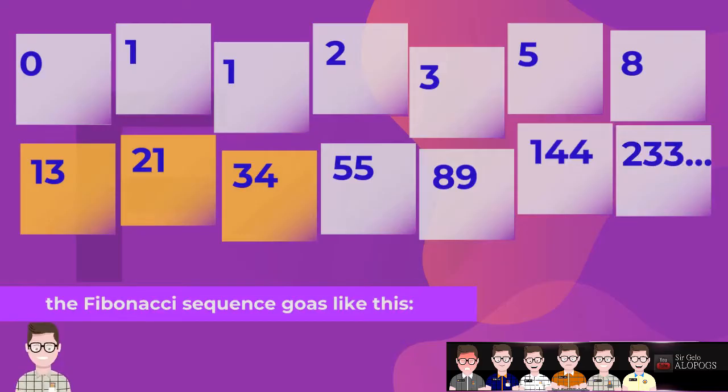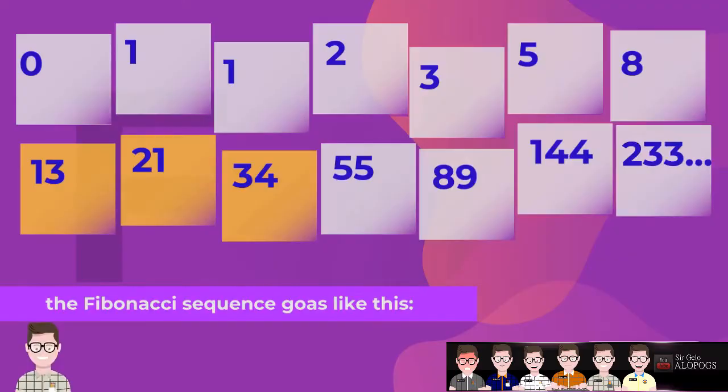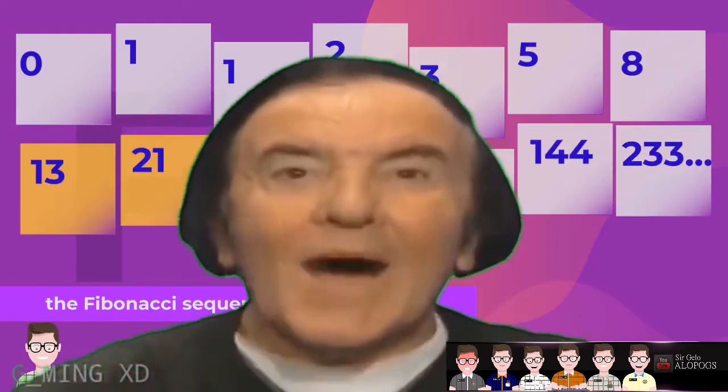Each succeeding term is the sum of the two immediately preceding. As a simple rule, just add the last two to get the next. 1 plus 2 is equal to 3, and then 3 plus 2 is equal to 5, 5 plus 3 is equal to 8, and so forth. Basic, diba? Wow!